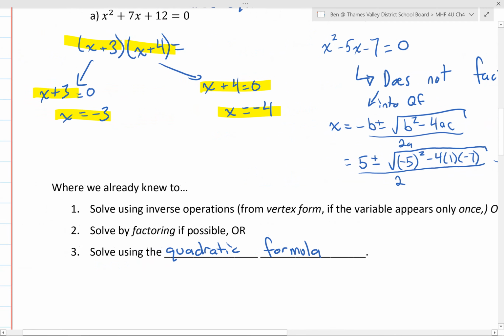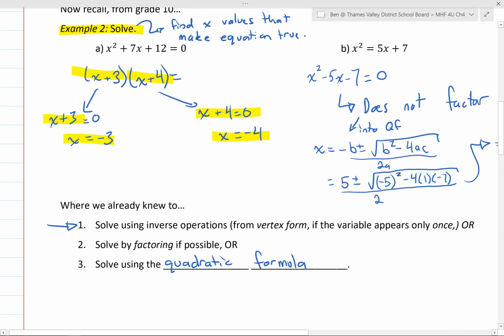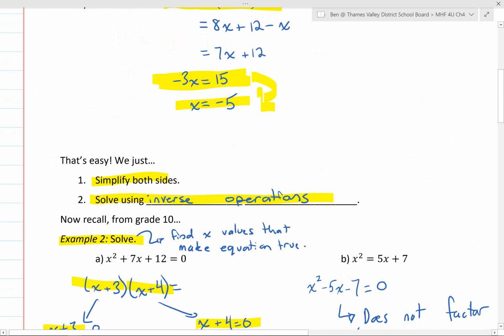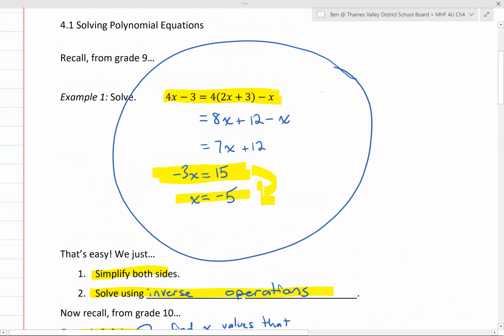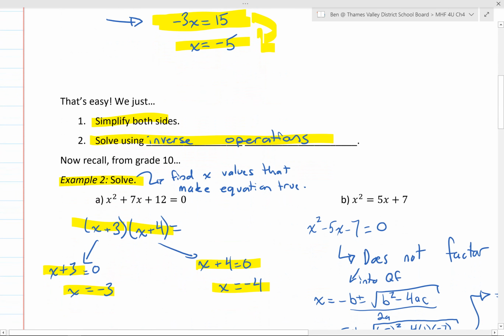Now, again, to break that down, if we are able to, then we want to solve a quadratic using inverse operations, right? Now, there was not an example of that here. Neither of these were in vertex form, but we should know how to do that. That actually looks very much like example 1 up here, where after rearranging, we only see our variable appearing once. If it only appears once, then we're able to use our inverse operations.